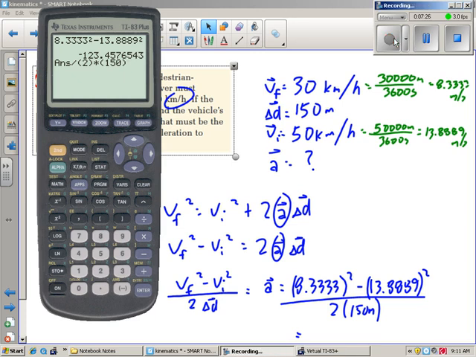So we don't want to do that. We don't want to divide the top by 2 and then multiply everything by 150. We want to multiply the bottom by 150. In order to do that, I've got to get brackets right here. Okay, brackets around everything. Does that make sense?